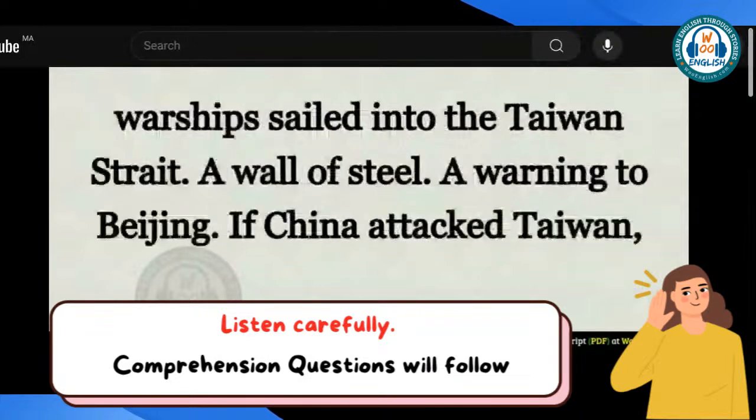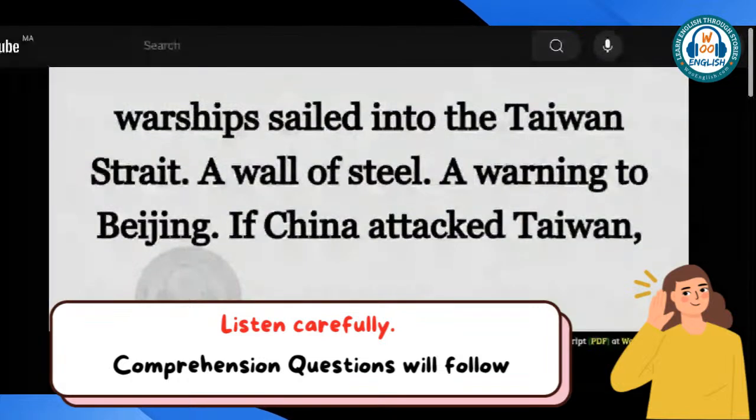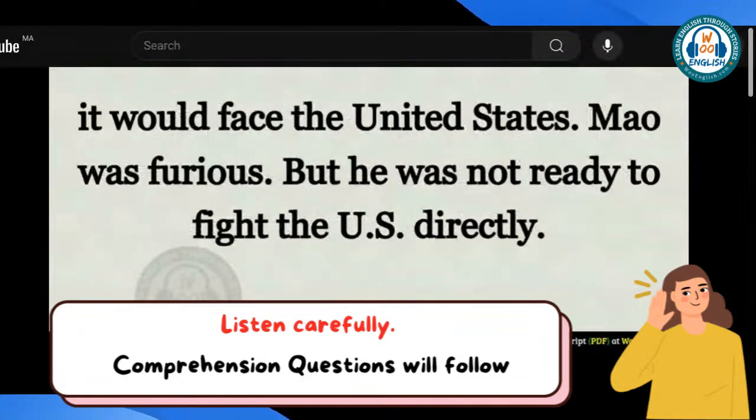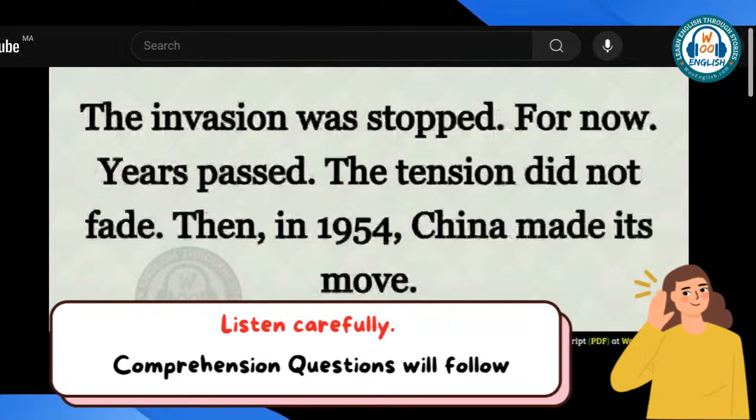In 1950, U.S. warships sailed into the Taiwan Strait, a wall of steel, a warning to Beijing. If China attacked Taiwan, it would face the United States. Mao was furious, but he was not ready to fight the U.S. directly. The invasion was stopped, for now.